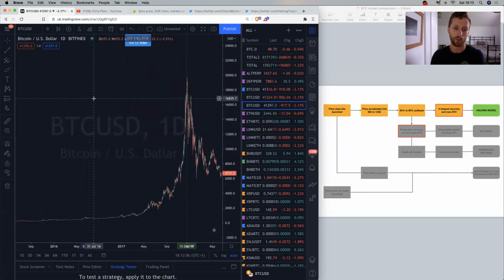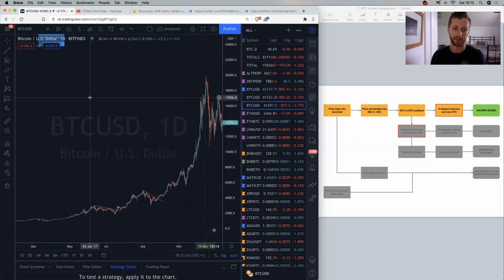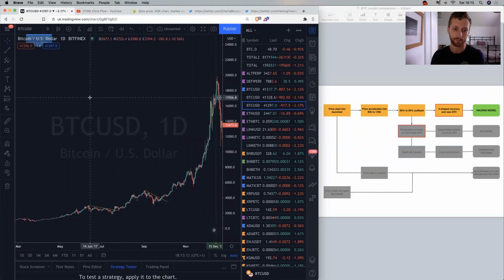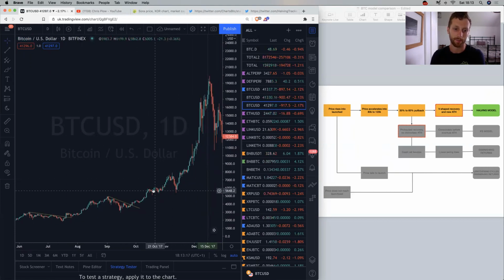So if we look at 2017, the price action I'm looking at is right here. So as we leave the most important trend line in crypto, our launch pad zone will be somewhere like here in 2017.